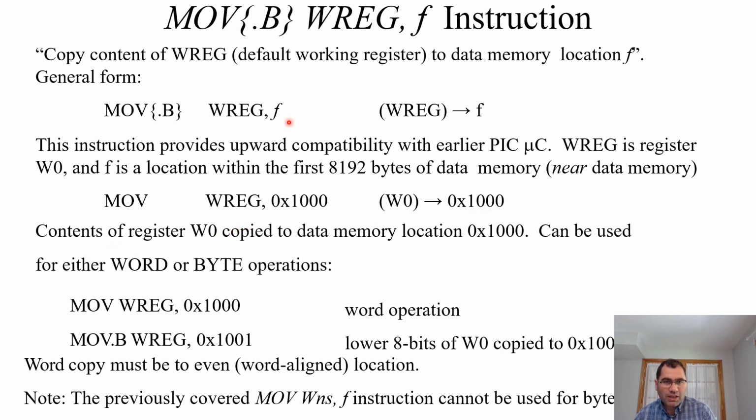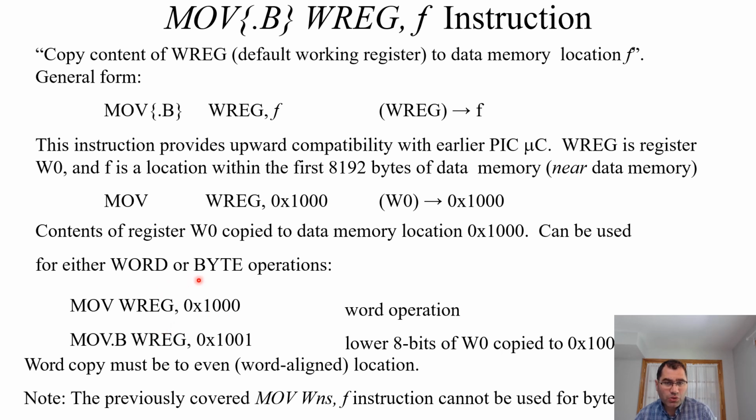The difference between this one and previous instructions is that this can do byte operations, and it uses not just any working register but specifically W0 only.